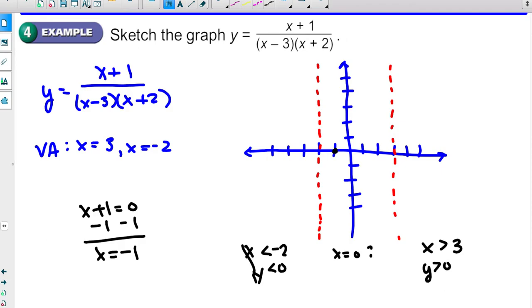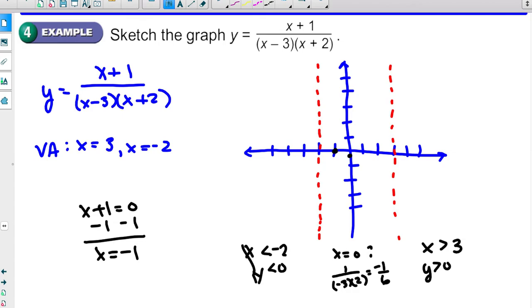Oh boy. Okay. Now let's take a look at what happens when x is 0. When x is 0, you have 1 over negative 3 times 2, which is negative 1/6, which is negative 0.17. So we know that that's going here.